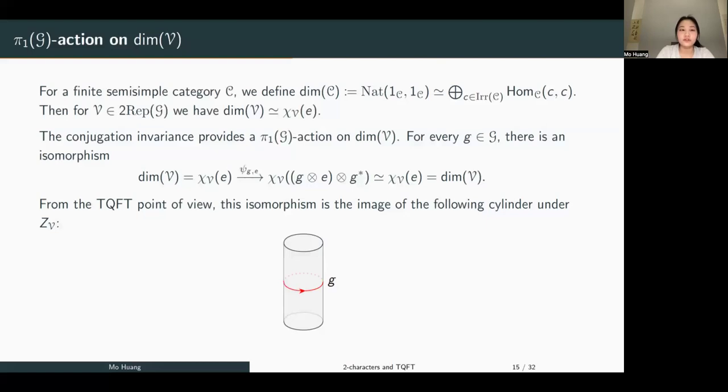Then for the true representation V, its dimension is isomorphic to chi V of e, where e is the tensor unit of G. The conjugation invariance provides a pi_1 G action on the dimension of V. For every g in this true group, there is an isomorphism induced by psi_{g,e} as follows. From the TQFT point of view, this isomorphism is an image of the following cylinder under Z_V.